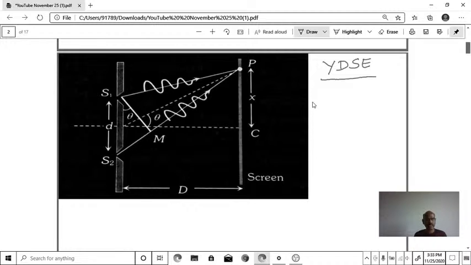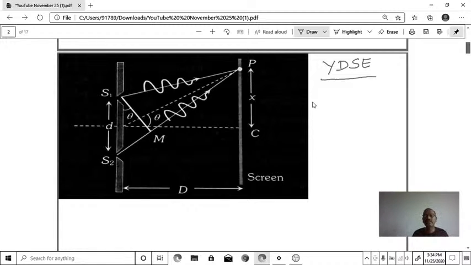That is the main condition for obtaining interference fringes on the screen. If the sources are independent, they are not suitable to form interference fringes. That means if the two sources are independent waves, we cannot obtain interference.